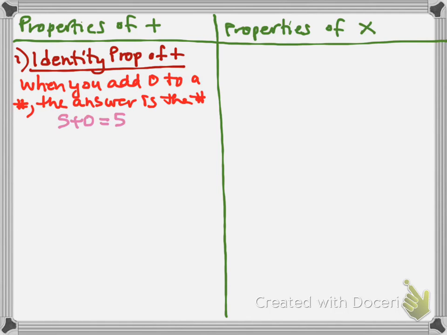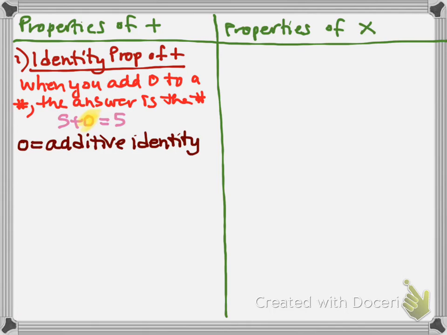Okay. Now, 0 is kind of a special number, and he has a special name. 0 is called the additive identity. Now, I'm going to tell you, I don't like what your book does.